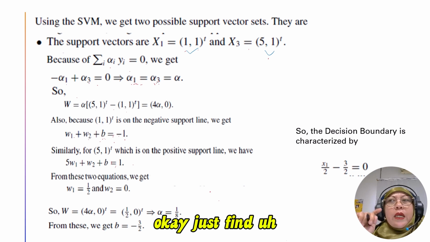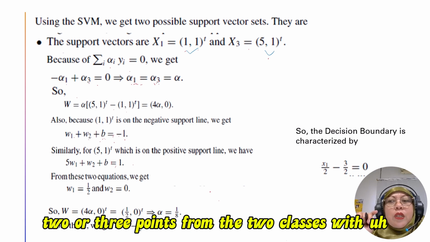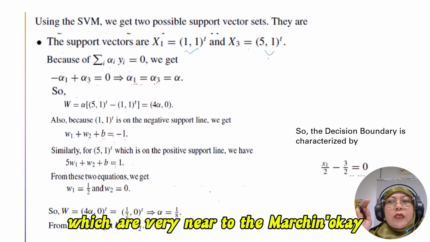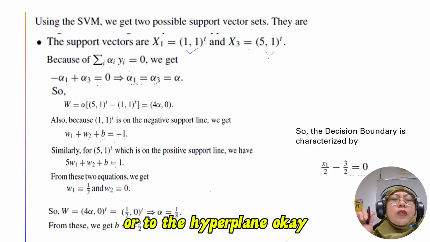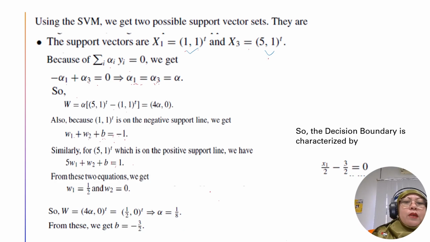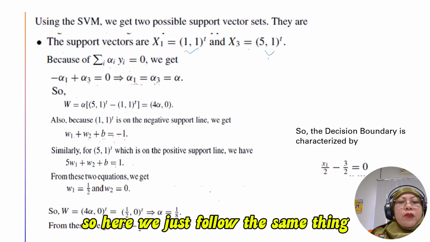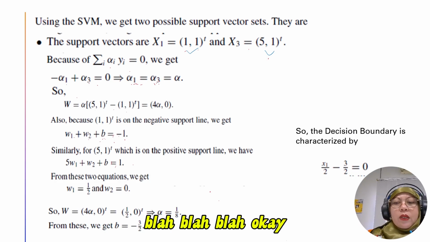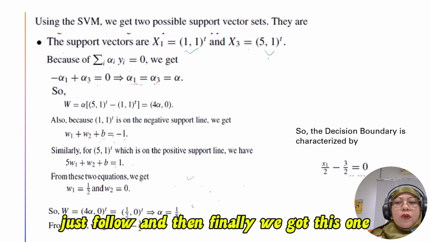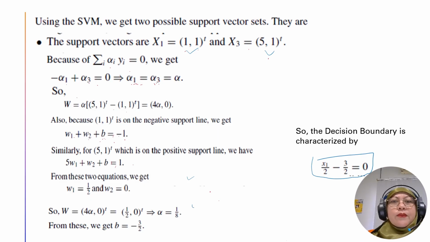Just find 2 or 3 points from the two classes which are very near to the margin, or to the hyperplane. Here we just follow the same steps, and finally we got this one.